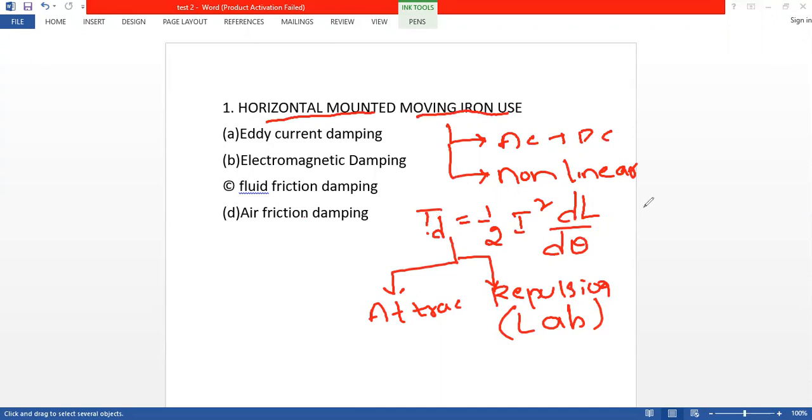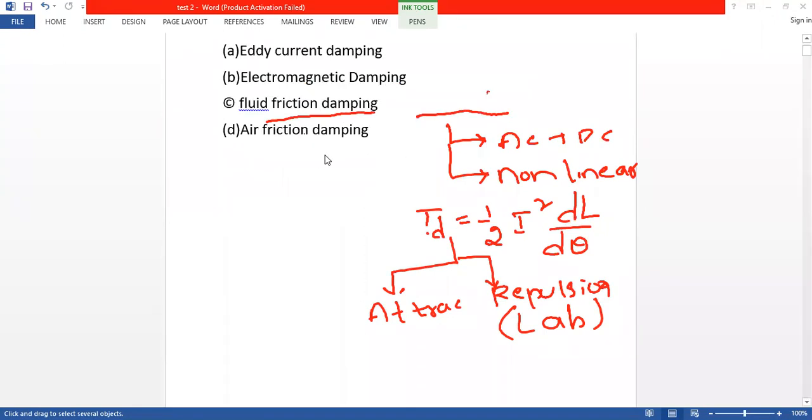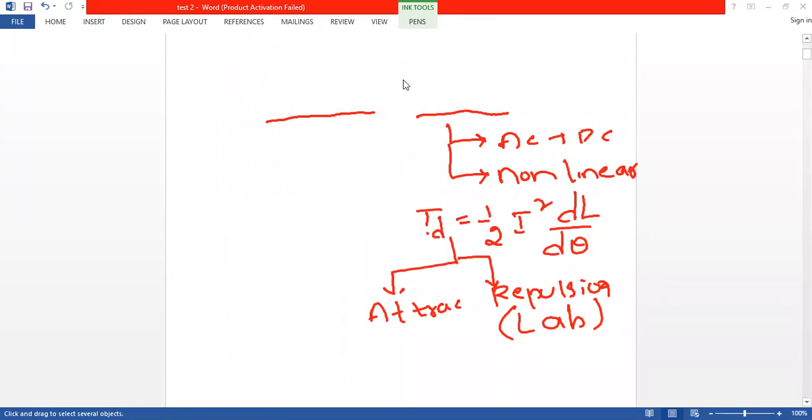Now, the next point you have to observe is that in MI, the spring does not carry any current. Spring has no current.